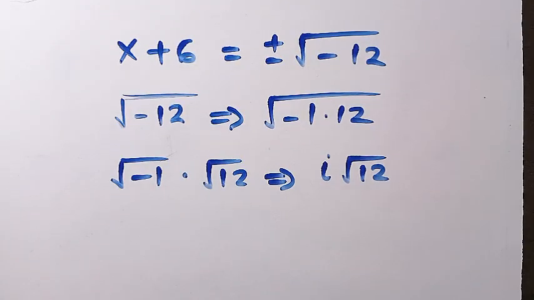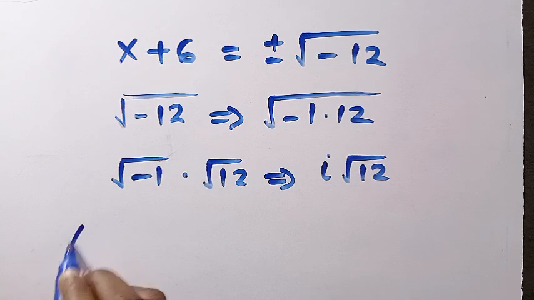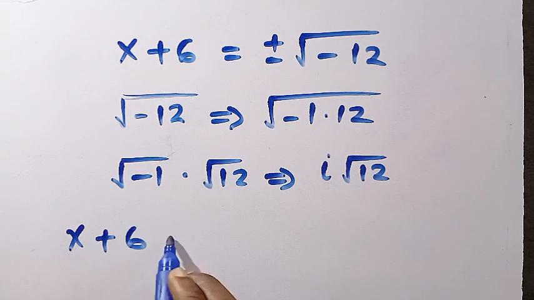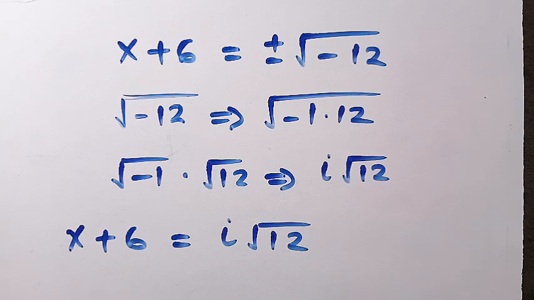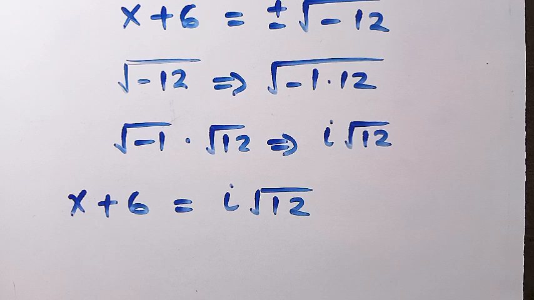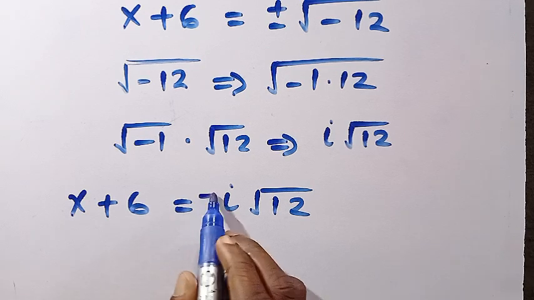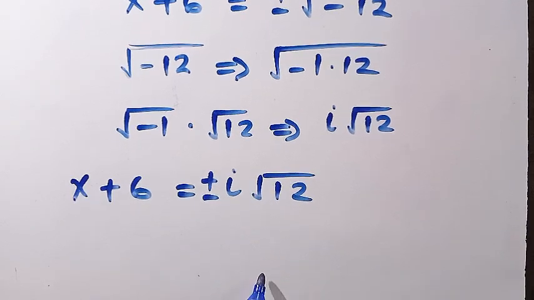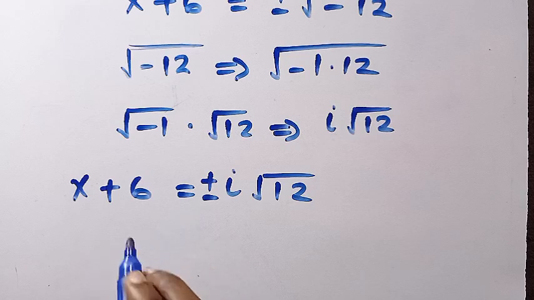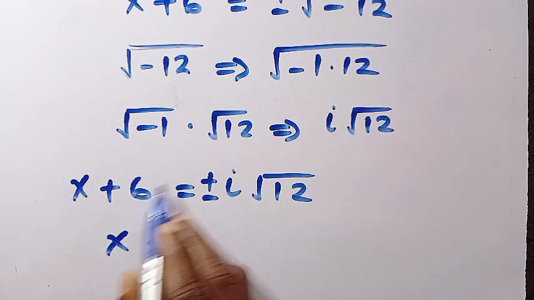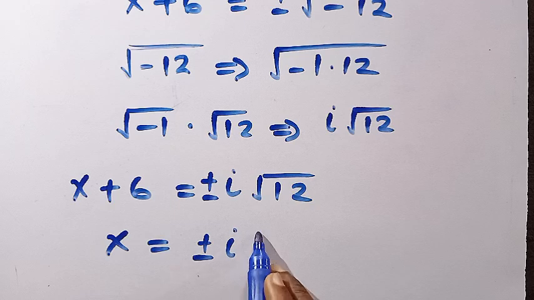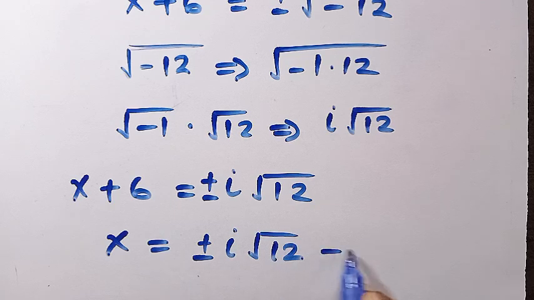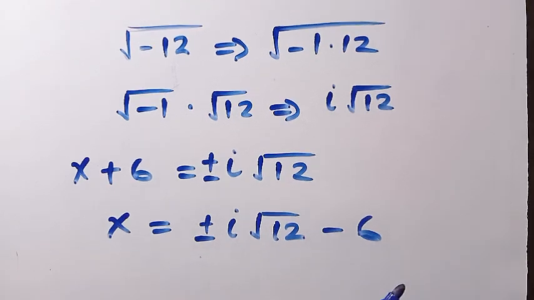Then by replacing it, we have x + 6 equals plus or minus i square root of 12. We shouldn't forget the plus or minus here. Then let's take 6 to the other side.